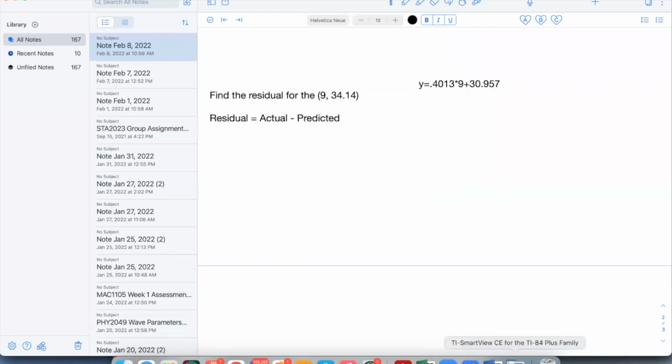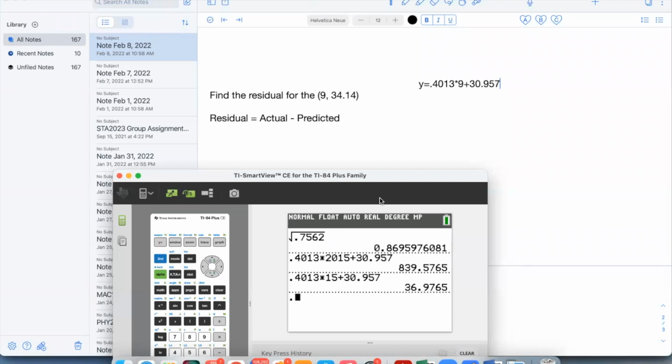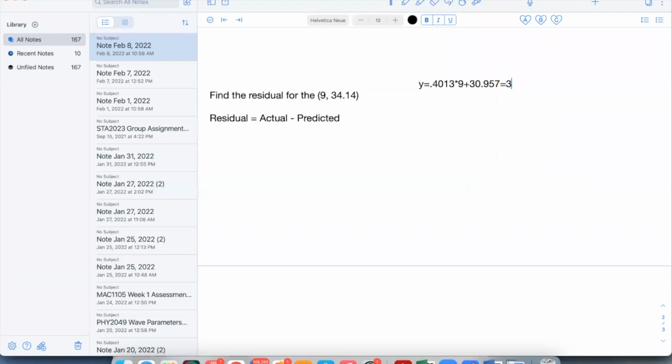Okay, let's type that in our fancy calculator. 34.5687. Oh wow, look at that. 345687. Almost numerical order. Okay, so there is the predicted.